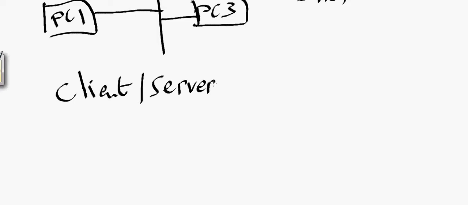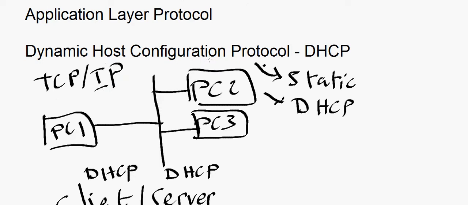The DHCP client is the one that requests an IP address, and the DHCP server on the other side is the one that provides the IP address to the DHCP client. Okay, so far so good.